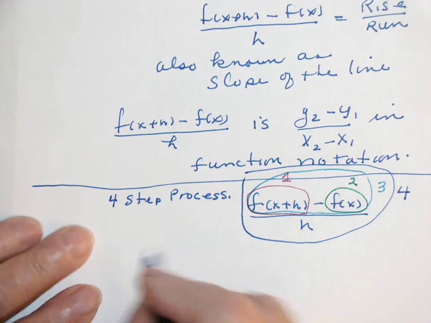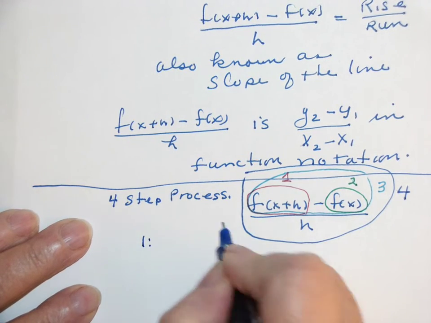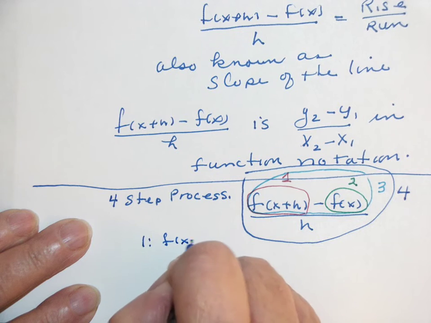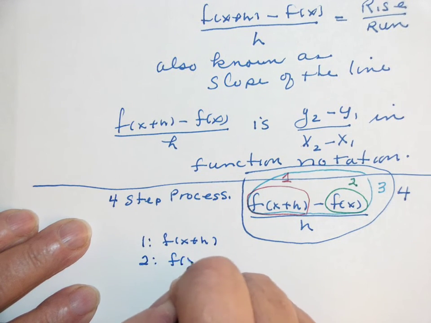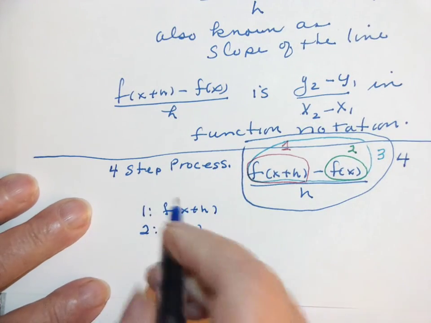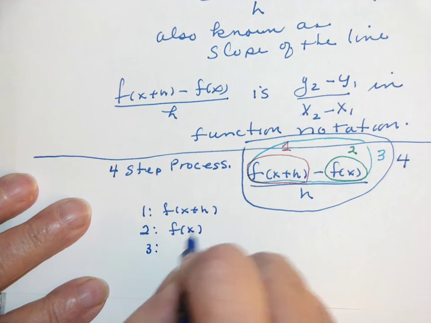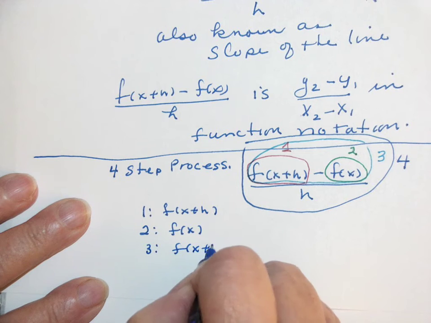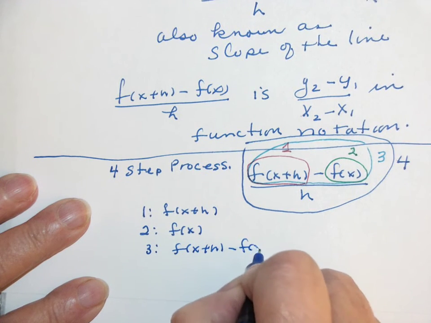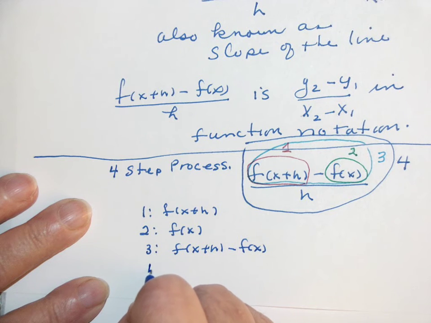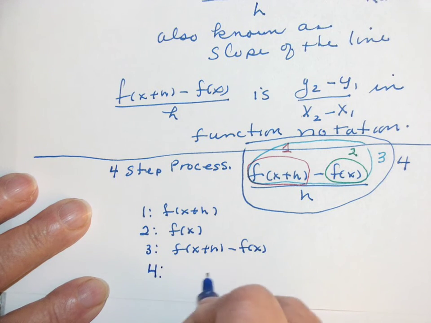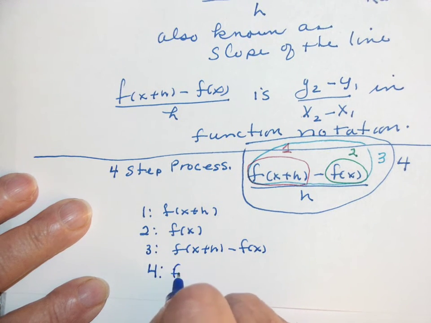So I look at it as step 1, calculate out f of x plus h. Step 2, f of x. Step 3, f of x plus h minus f of x. Step 4 is then put it all over h.